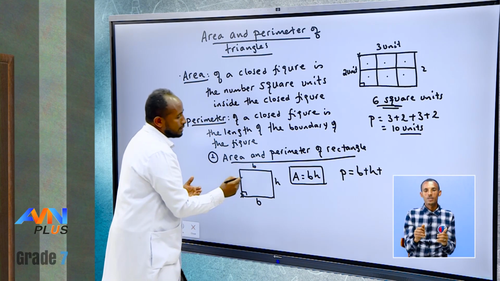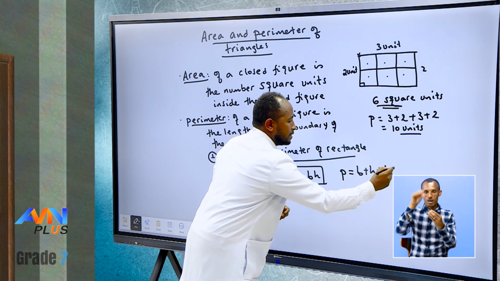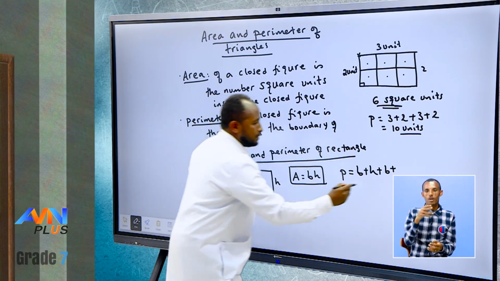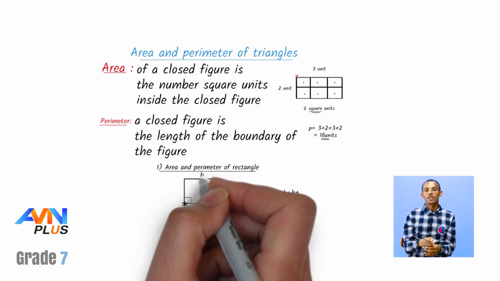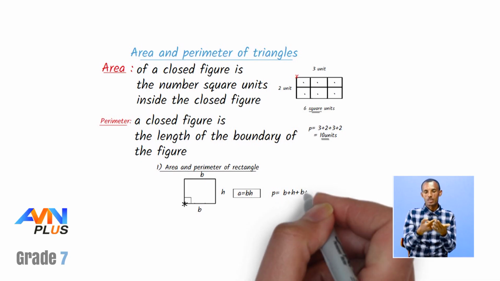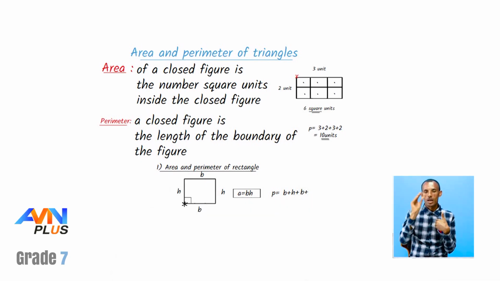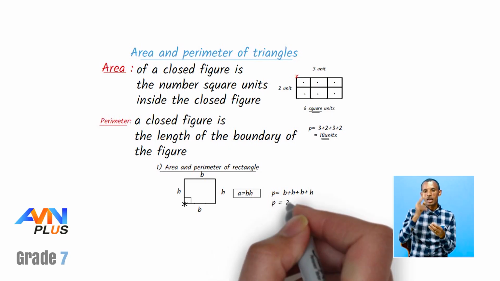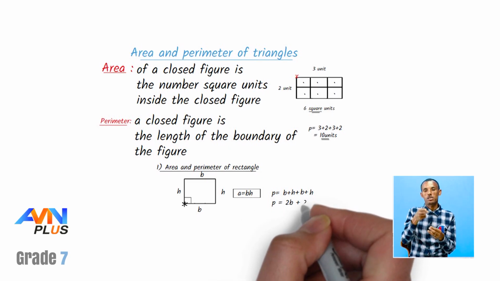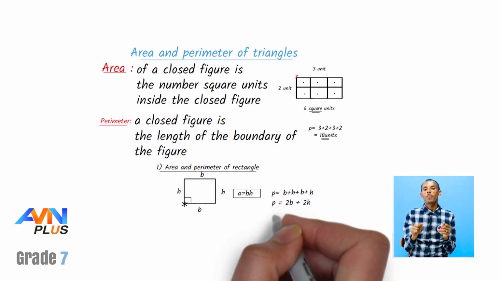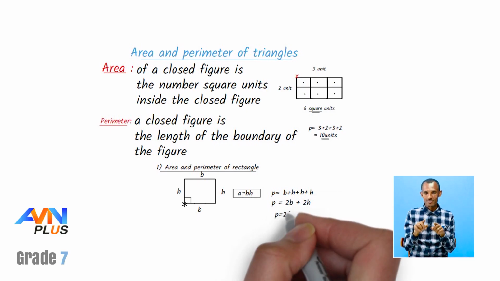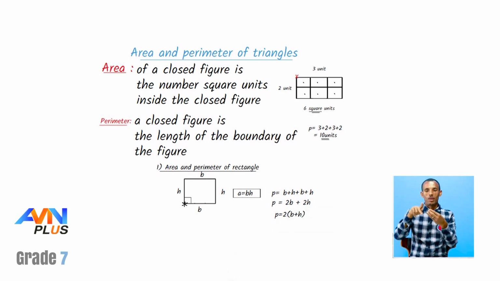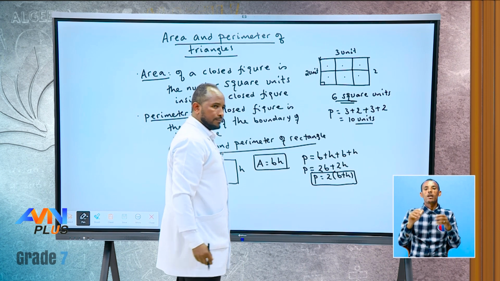So this one is B plus this one is H. Simplifying, B and B are like terms, so you can add these two. You have 2B plus 2H. Factoring 2 as a common factor, it becomes 2 times (B plus H), which is the perimeter of a rectangle.